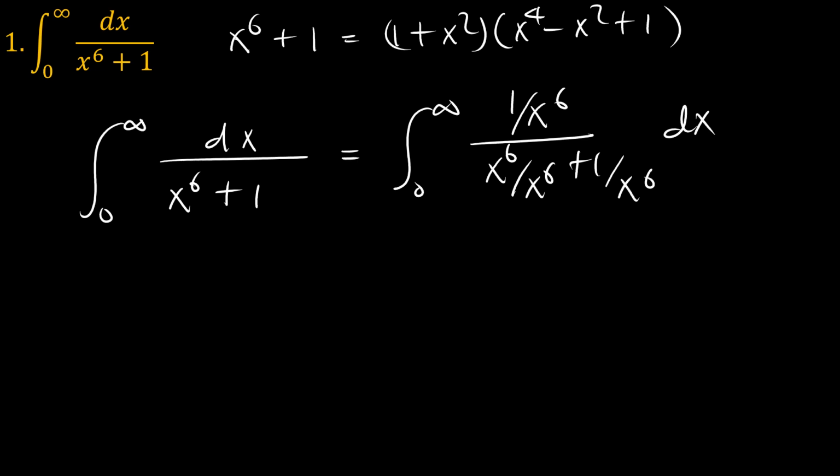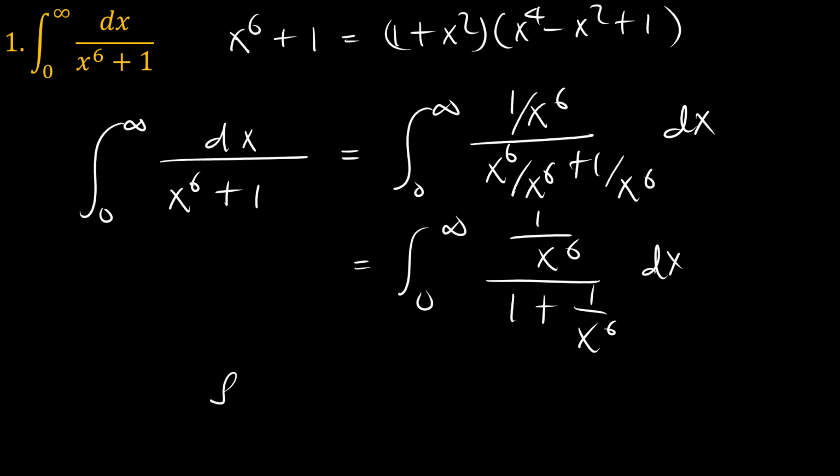So we've divided both the numerator and denominator by x to the 6. So this becomes the integral from 0 to infinity of 1 over x to the 6 over 1 plus 1 over x to the 6.